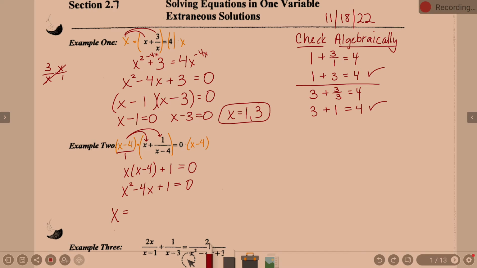Let me check. Erase that. Okay. Negative b. Positive 4. Okay, positive 4. Plus or minus the square root of b squared, negative 4 squared, minus 4ac, minus 4 times a, which is 1, times c, which is 1, all over 2a, which is 2 times 1.